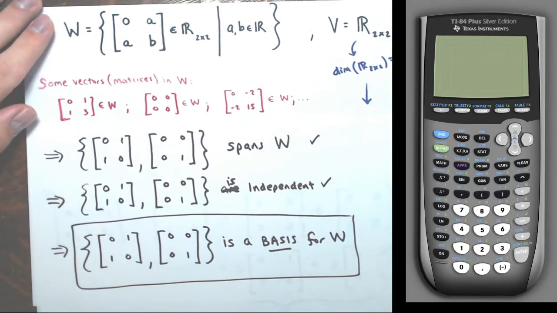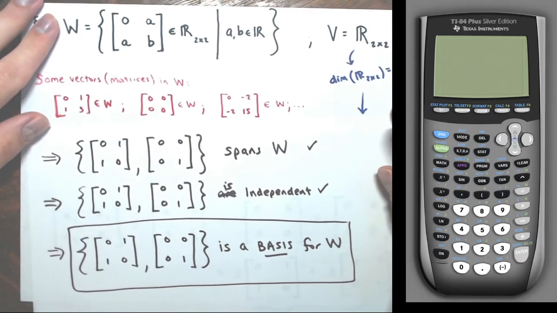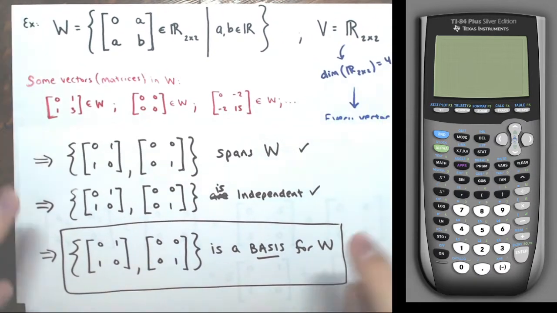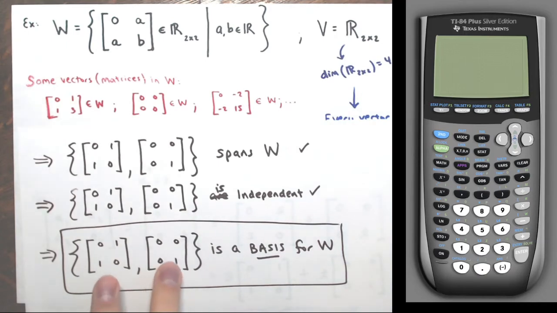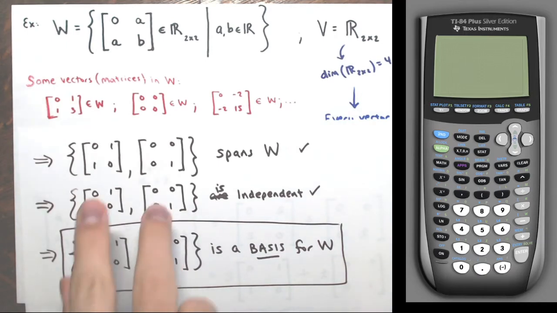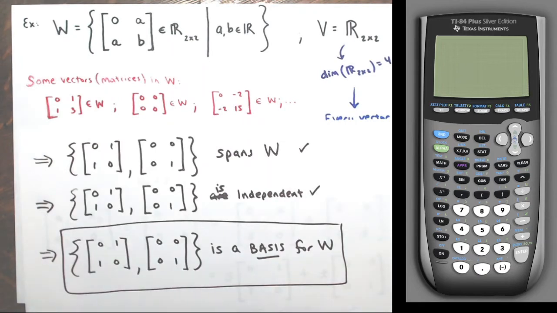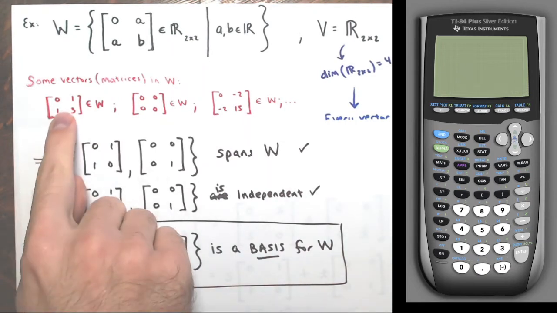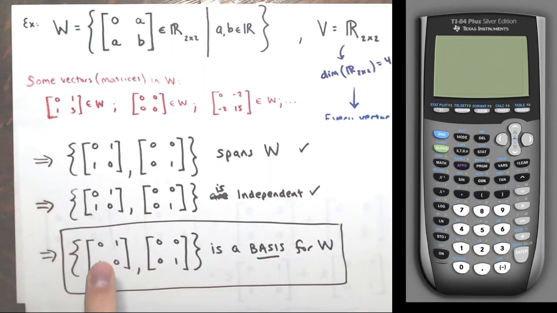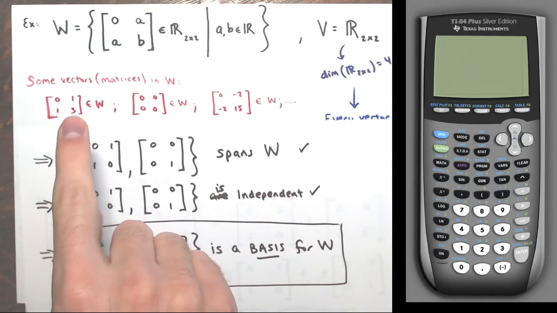So that means that for any vector in W, this is like, again, the set of building blocks. I can use these two matrices to make any matrix in W. Right? Think about it. How about that one there? If I took this matrix plus 3 of that one, I'd get this one that I wrote up earlier.